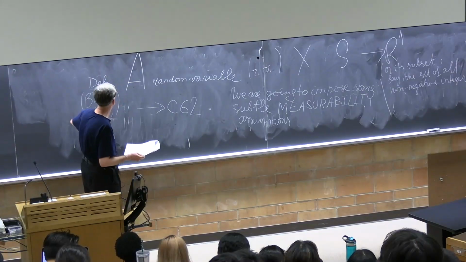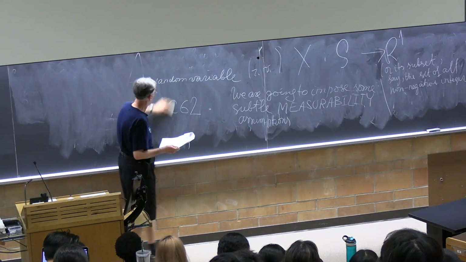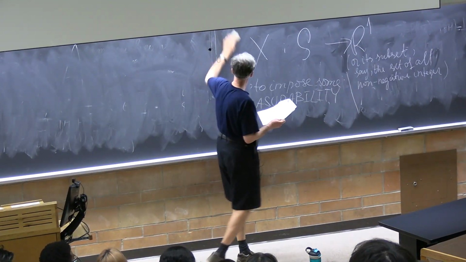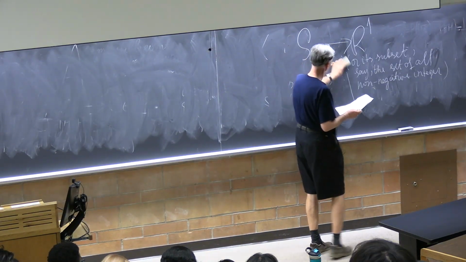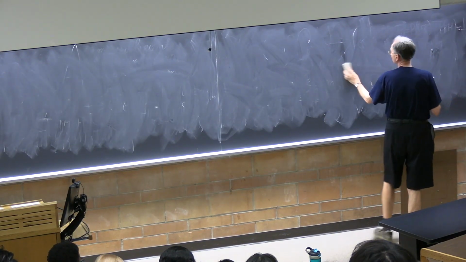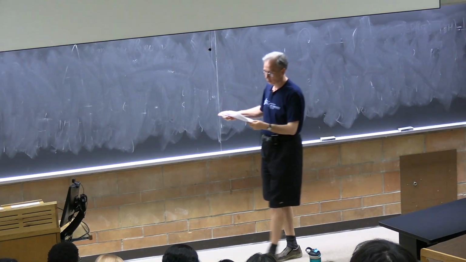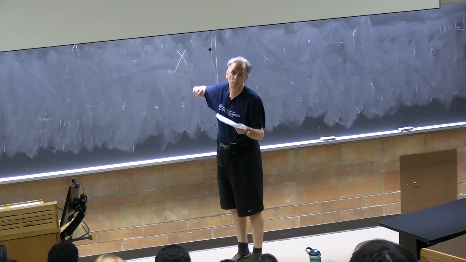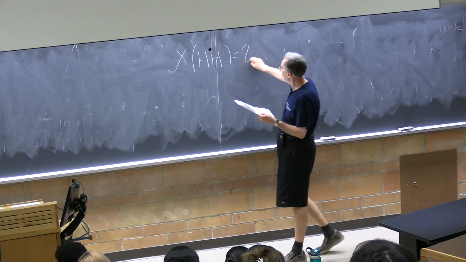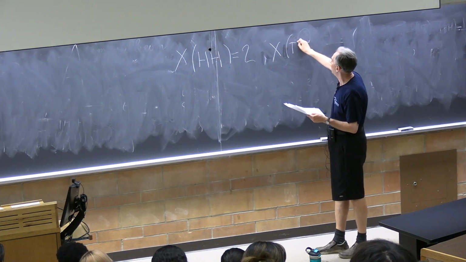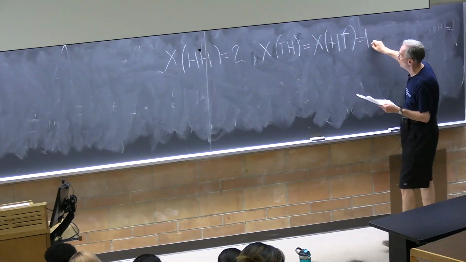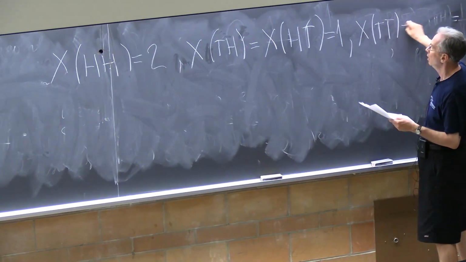Now I consider what we get in the previous example. So when we calculate the number of heads in two tosses, X of HH is 2, X of TH is the same as X of HT, and they're both equal to 1, and X of TT is equal to 0.